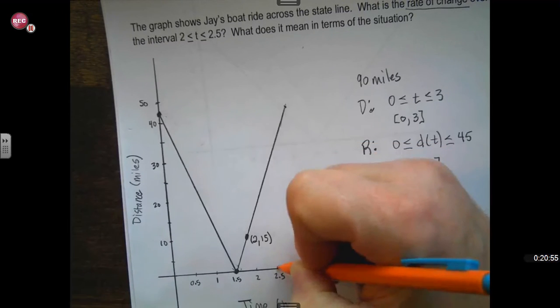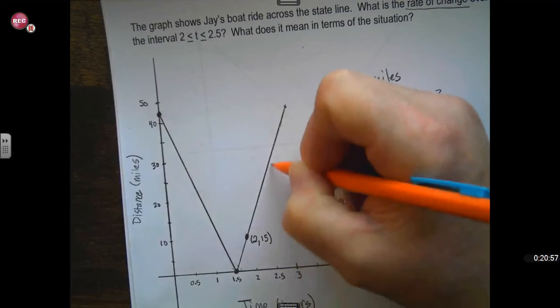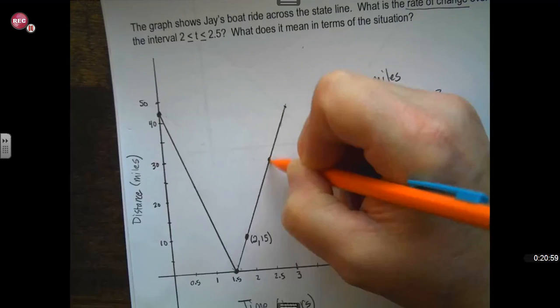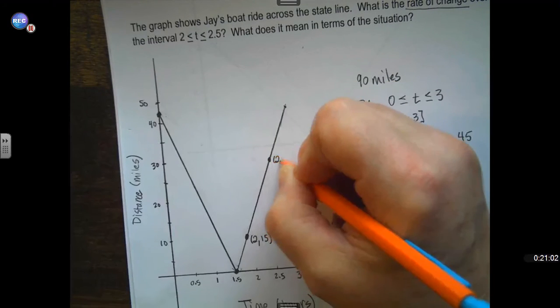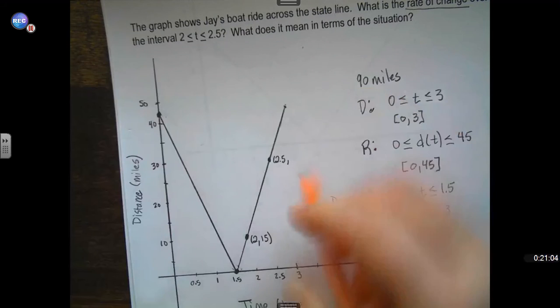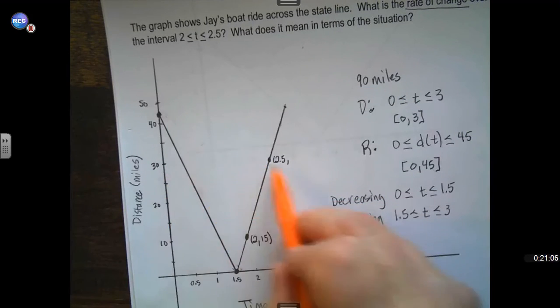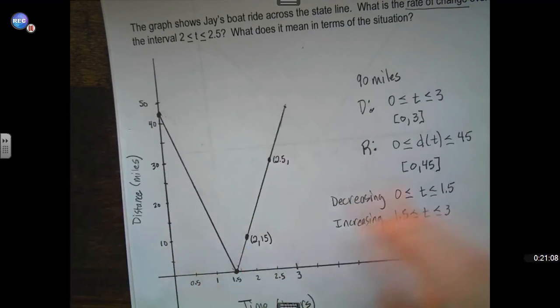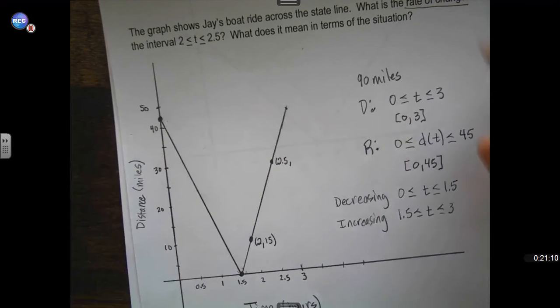2.5, if I climb up here to 2.5, I could go look over and see what that's landing on. But I don't trust the accuracy of my graph.